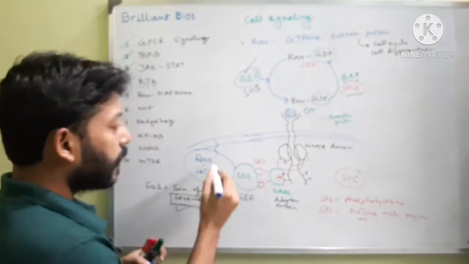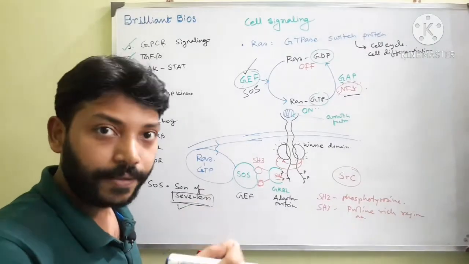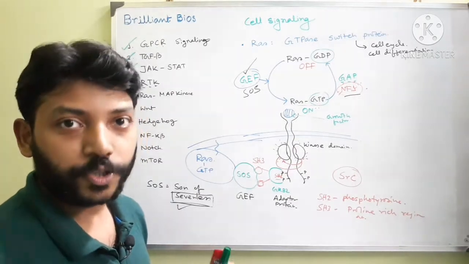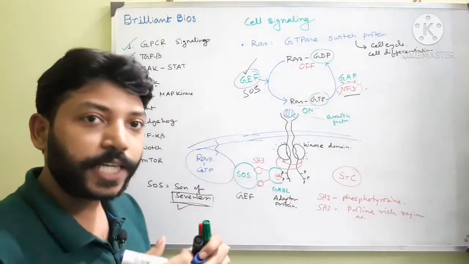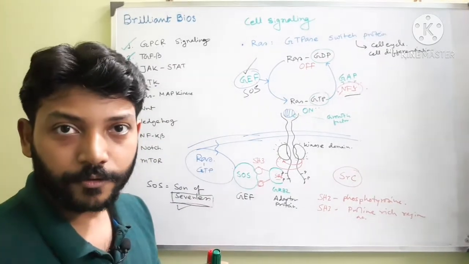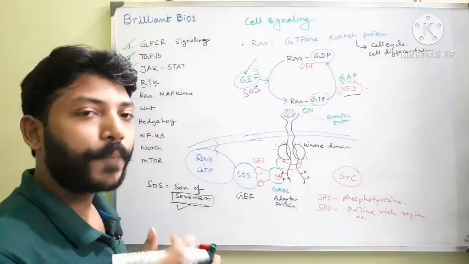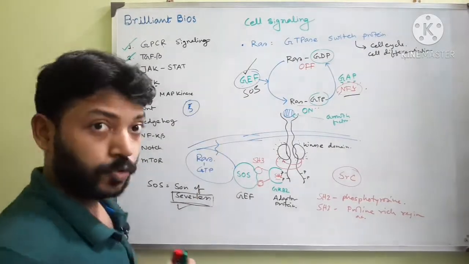That means in the C-terminal domain of the Ras there is a prenyl group, it could be geranyl or farnesyl. That means it is the multiplication of isopentyl. It's not fatty acid, but isopentyl is actually a 5 carbon molecule.